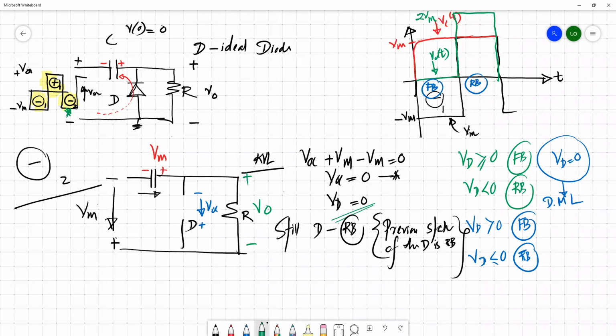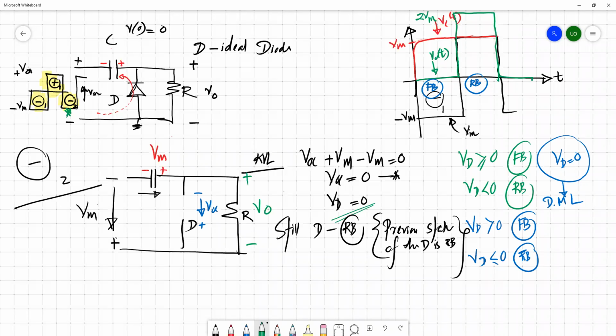So we have Vm in this direction, clockwise direction, and we have an input which is again equal to Vm in the anti-clockwise direction. So the net voltage across the resistor would be 0.